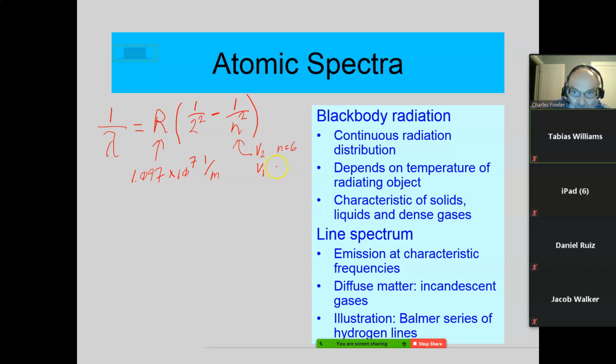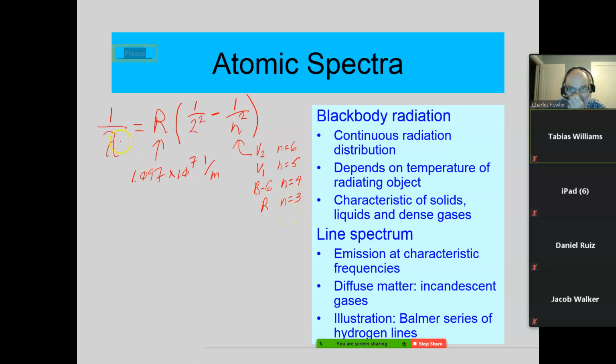For the lower one, n was equal to 5. For the blue-green line, I'm just going to call this blue-green, that n was equal to 4. And for the red line, R, that n was equal to 3.